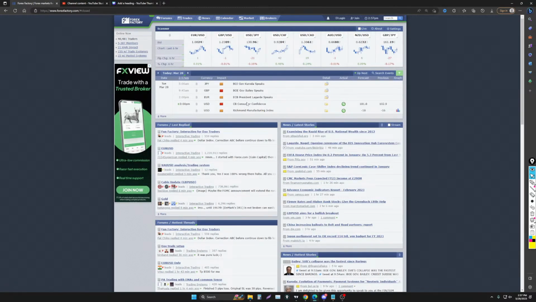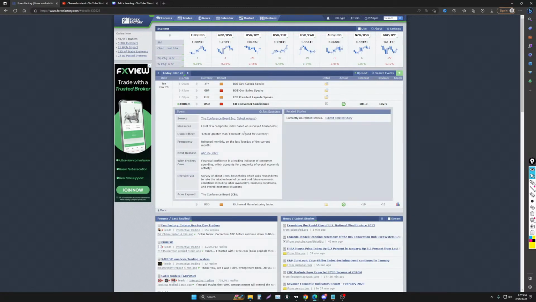Consumer confidence. Not really known to be a big mover. But anything that has to do with inflation right now can move the market. So it could definitely be a little bit of a mover. It's a leading indicator of consumer spending.